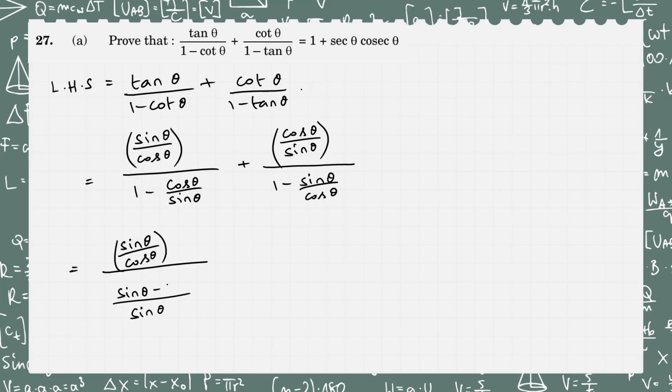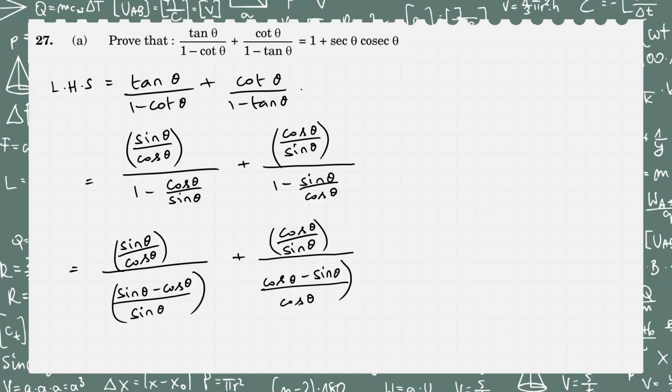So we get sin theta minus cos theta divided by sin theta, plus the same way the other thing also, cos theta by sin theta divided by taking cos theta as the LCM here. We get cos theta minus sin theta in the numerator of the denominator.